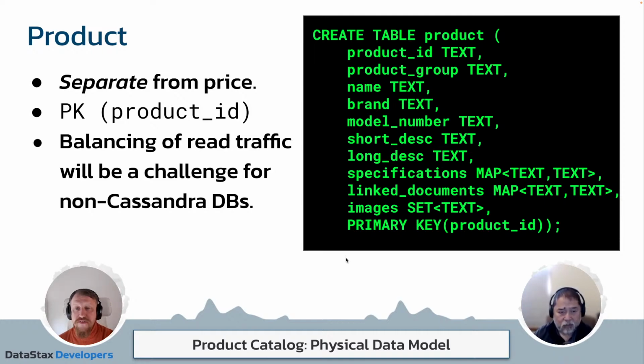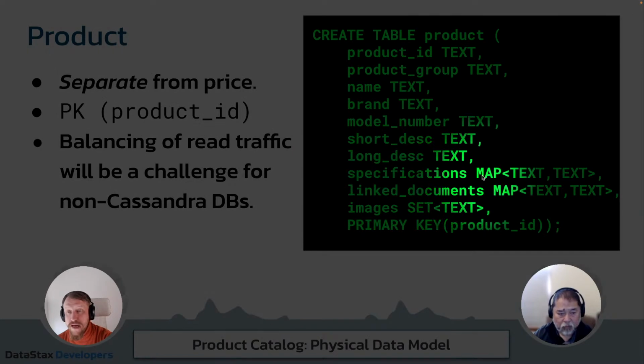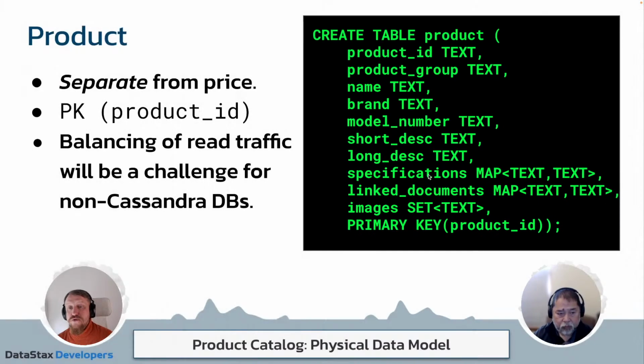But notice an important thing: with Apache Cassandra and with Astra, we can have, for example, a map of text. This map is going to store different specifications, and it's also very flexible. It's not exactly just a document, but it's very similar to the idea of document-oriented databases, because you can have different specification sets.